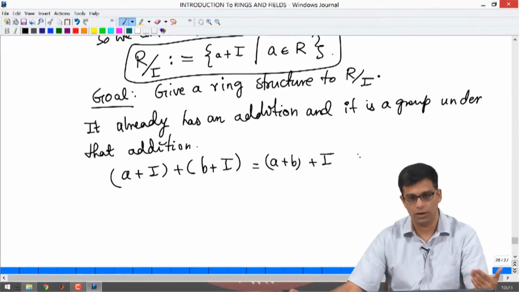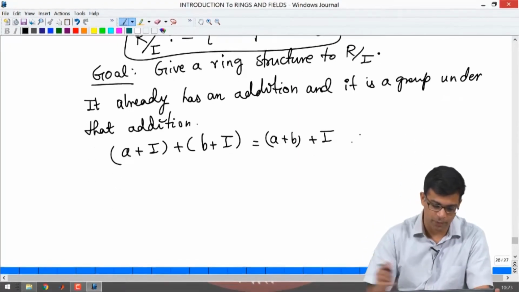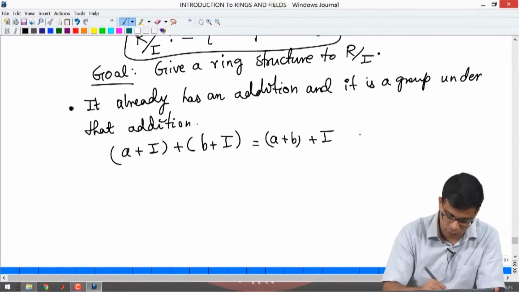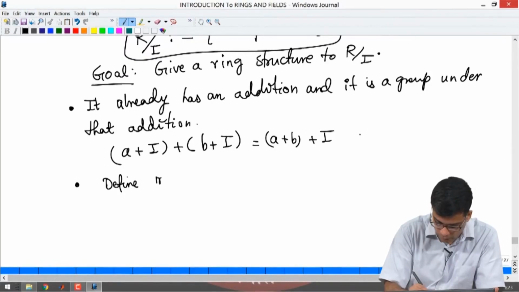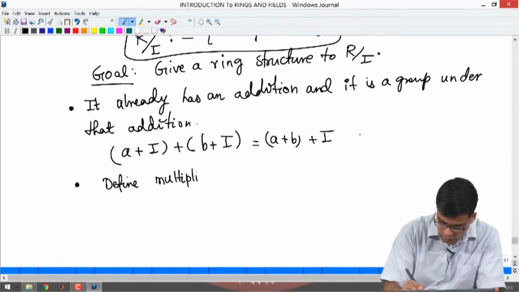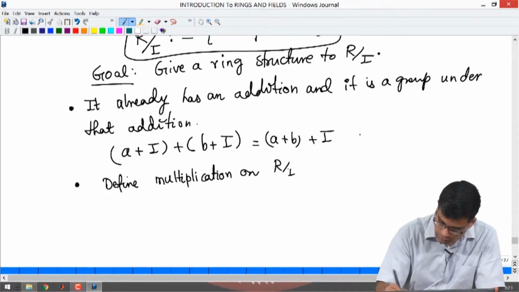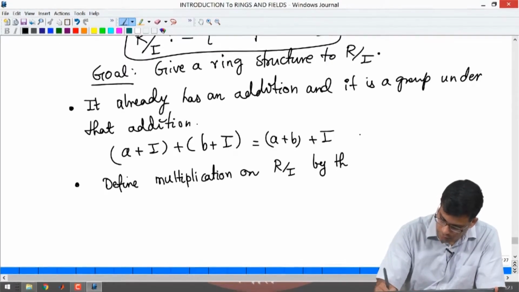What I now want to do is define multiplication. This is a group. Define multiplication by the following.